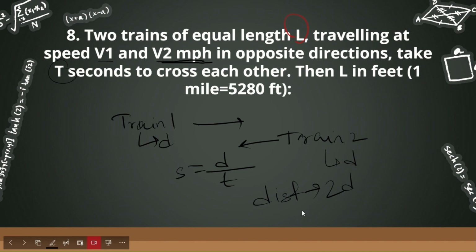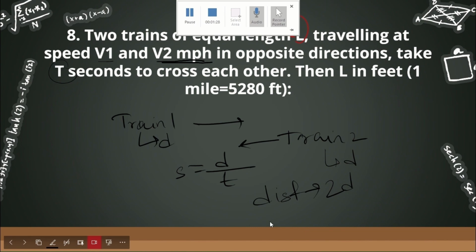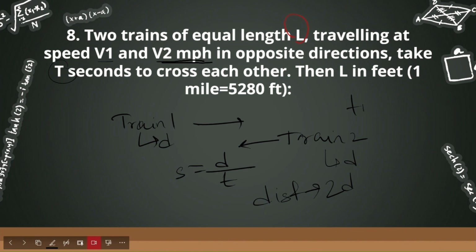What should be the time? The time is given as t. Okay, so we apply the rearranged formula. Basically, the time is equal to distance by speed. So distance we know, time we know.